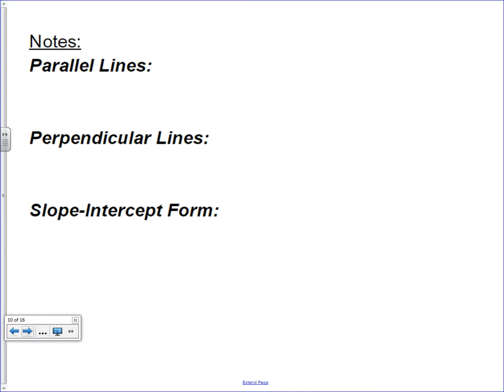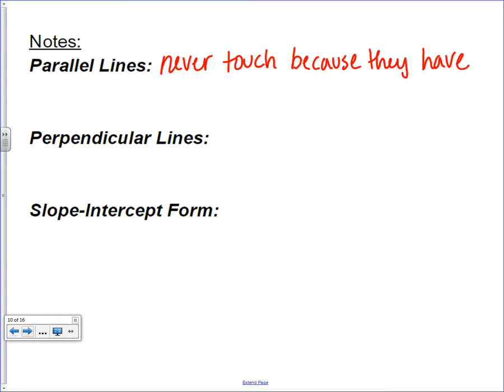All right, let's fill in some notes for today. What do you know about parallel lines? Two things. They don't touch and same slope. They don't touch because they have the same slope. Okay, what do we know about perpendicular lines?